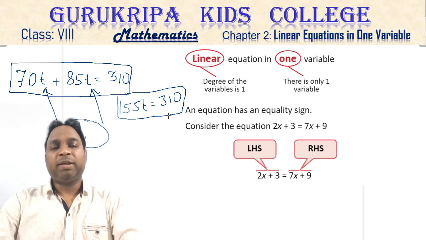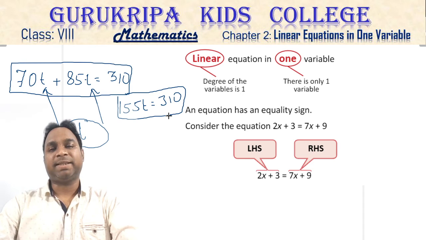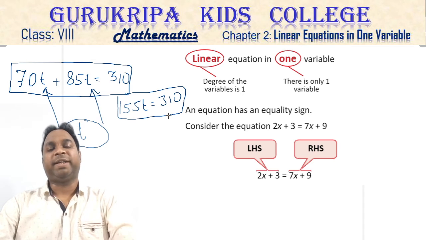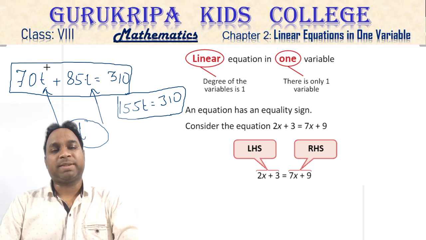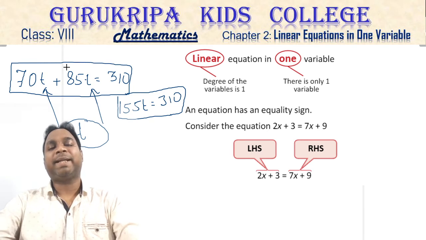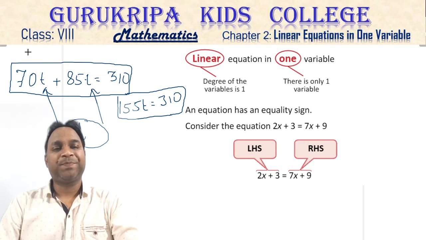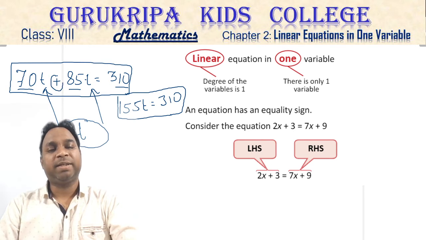So the thing to observe here is there is one variable. This entire equation, 70t plus 85t is equal to 310, has one variable and there are some operations on some numbers. 70 is a number, 85 is a number, 310 is a number, and there is one operation, addition, over here.